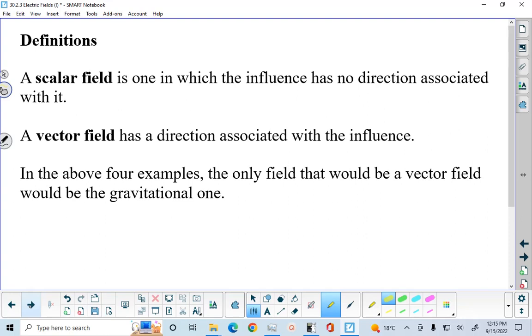However, the heat field would not have direction. It would be a scalar field because heat, specifically the temperature you measure, has no direction. Same with the light field. When you measure so many watts per square meter, it's not so many watts per square meter east. It has no direction. And the sound field, decibel levels or loudness of sound, again, is a scalar.